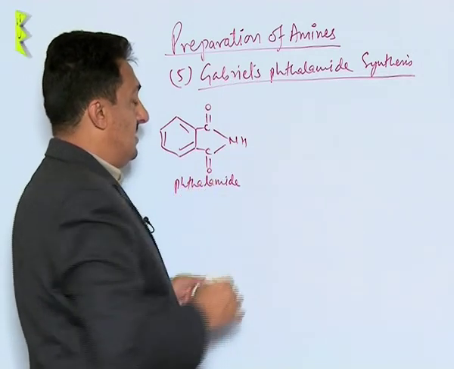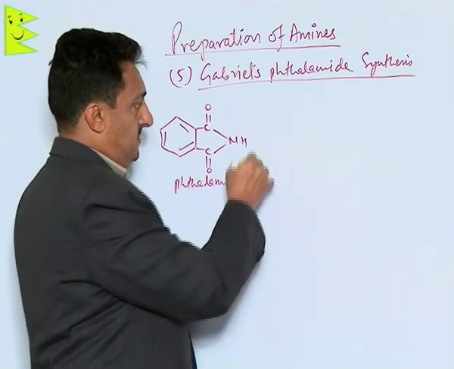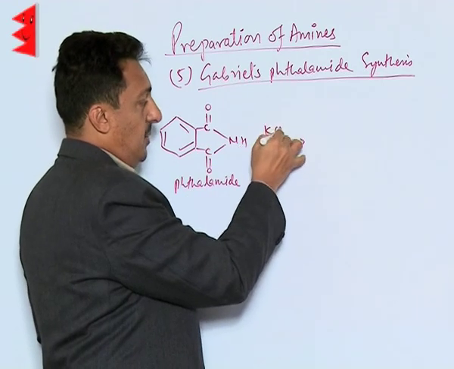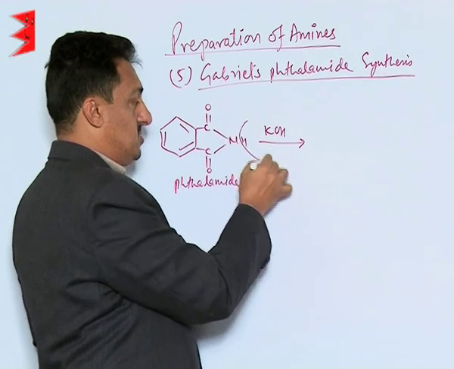Now, we know amides are amphoteric in nature. So we react this with KOH. The H of this goes out.